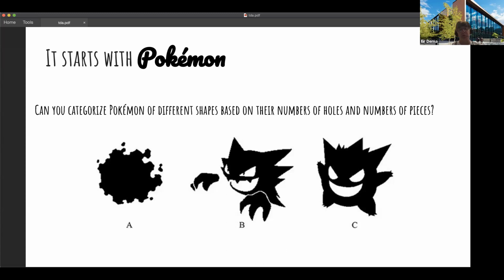The two other guys basically have holes. One of them has 2 holes. The other, Gengar, has 3 holes, and the middle Pokemon has 3 connected components and 2 holes.